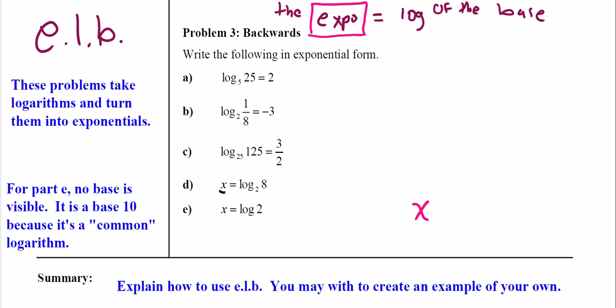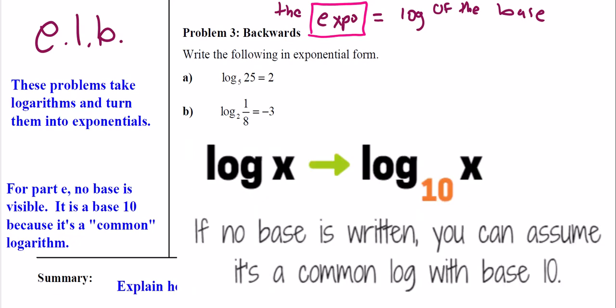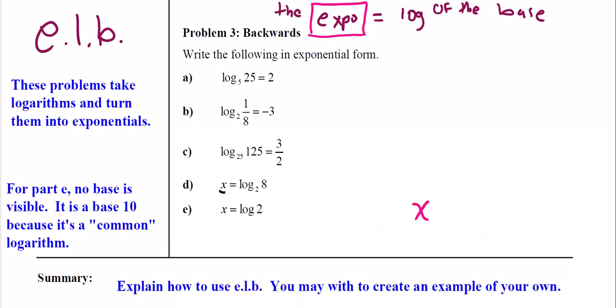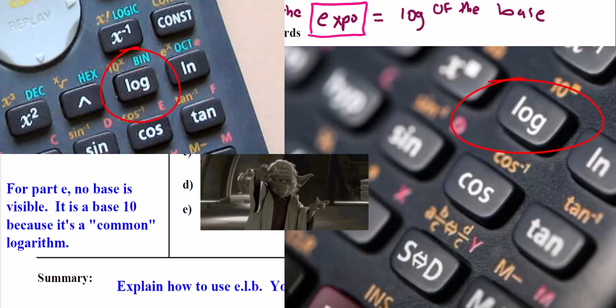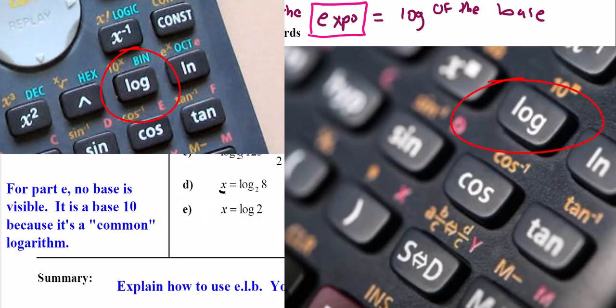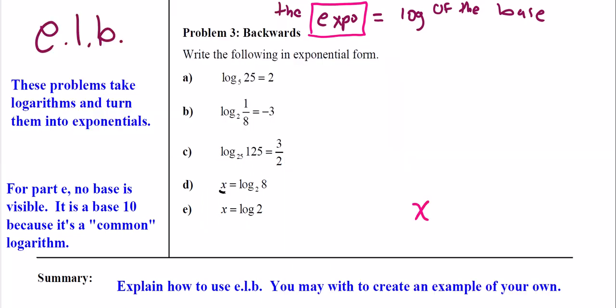We're going to discuss 2 special types in this class. Here's our first one. It's called a common logarithm. It's so common that if you were to look at your calculator and see the log button, it just says log because it's a common logarithm. You won't see log base 2 or base 3 or log base 5. You'll just see something that says log, and that is known as a common logarithm, and it has a base of 10.